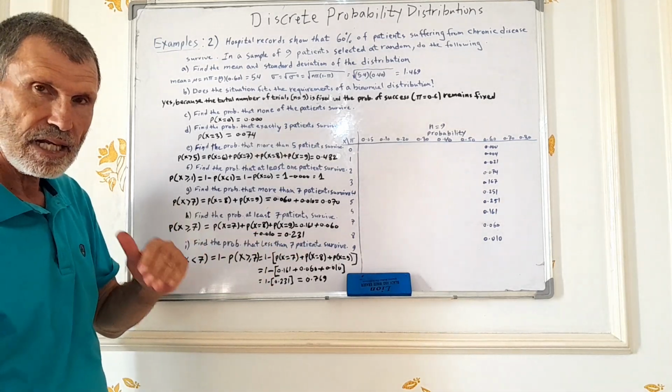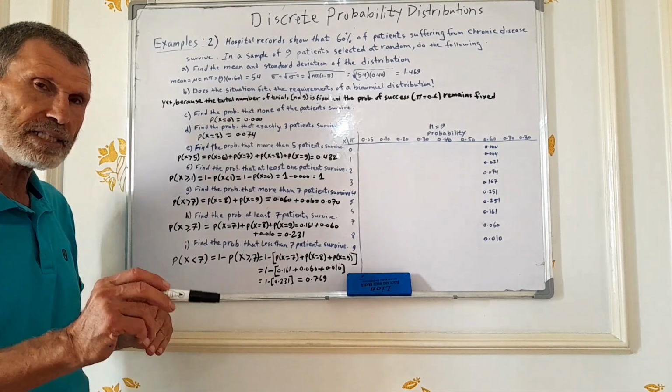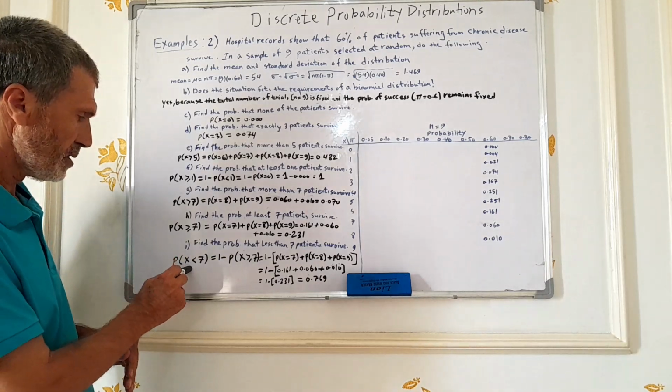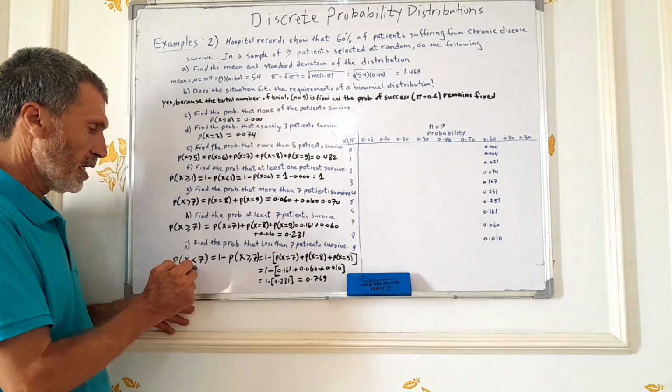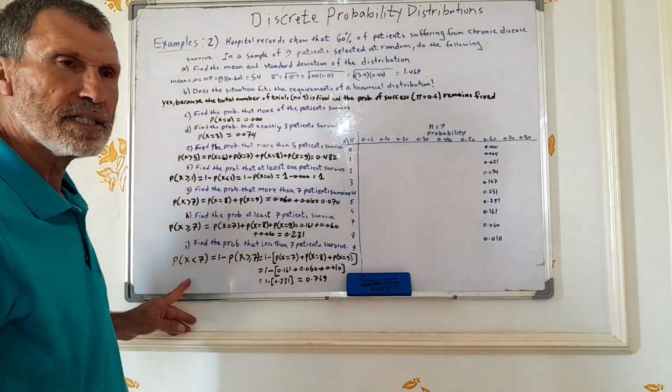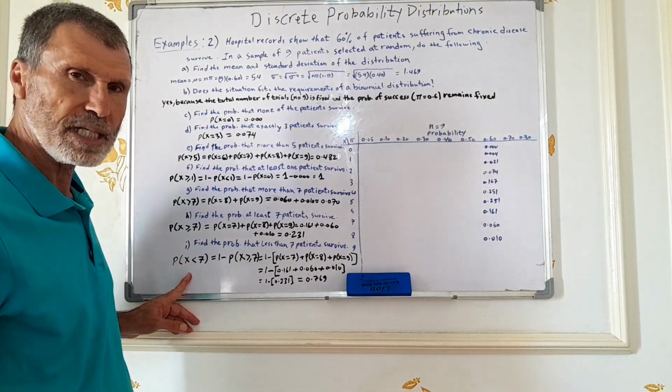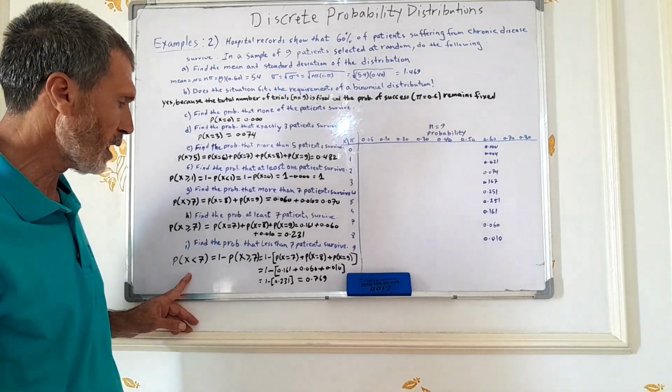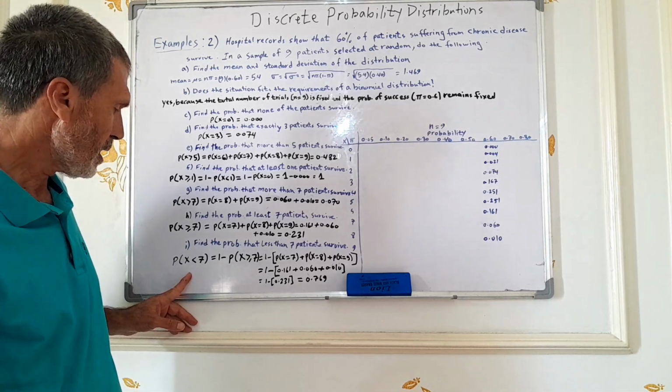The last one, find the probability that less than 7 patients survive. Less than 7 patients, so probability of X less than 7. Here you use the complement rule, which is easier to calculate than adding all those probabilities.